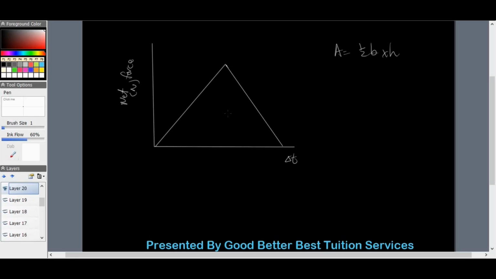We can drop a dotted perpendicular, an imaginary line in the middle, and we could have two right angle triangles. So if I have a look at the area under the graph, let's write that down over here. I've got the area under the graph, which is this section here, underneath the graph.